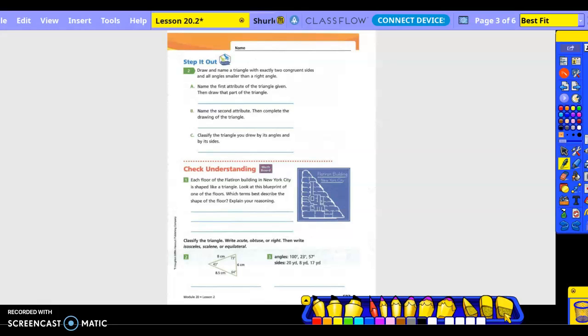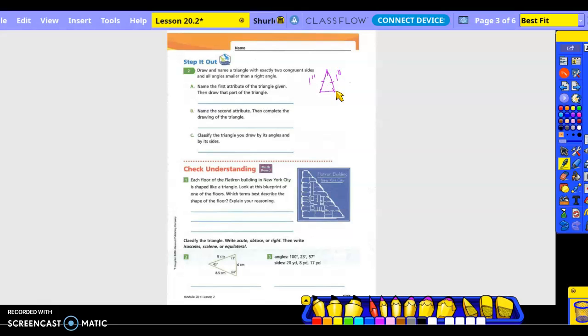If we took a ruler and did, say, an inch and an inch on both sides, would that work? We're going to say that these 2 are congruent and they're 1 inch each. Then I would connect it, but that is probably not as long as the other 2, right, guys?